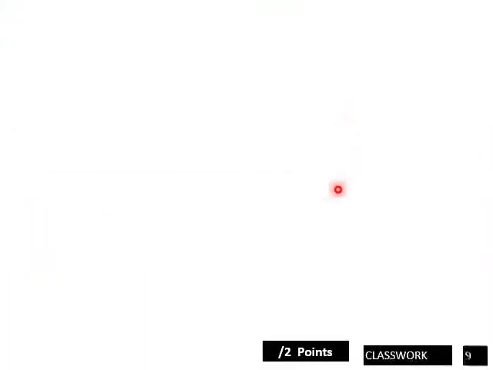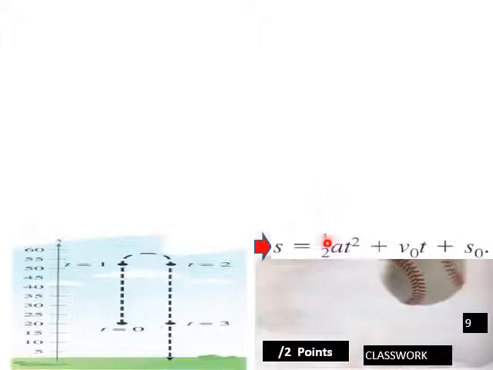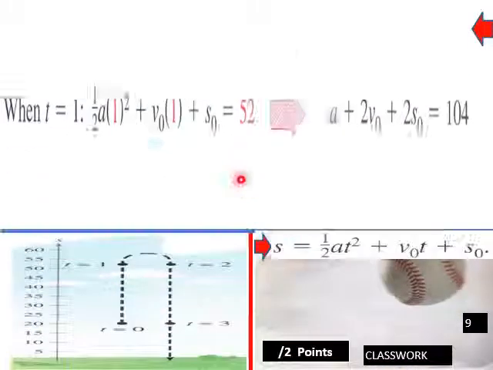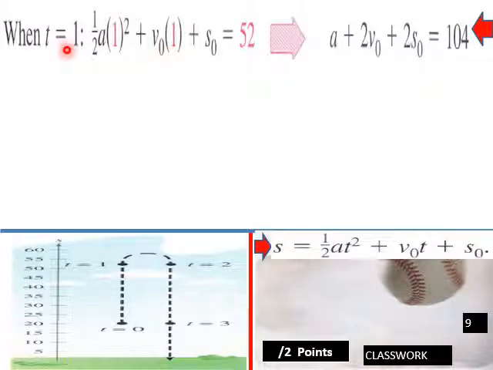Okay, so our next step in solving this problem is to get an array of equations to put up here. When t equals 1, and then here is our function based off of that. When we multiply through by 2, we get this expression over here, a plus 2v naught plus 2s naught equals 104.